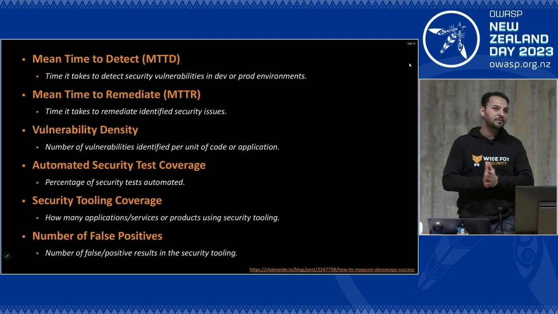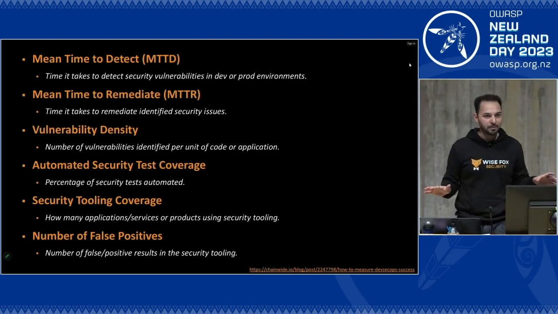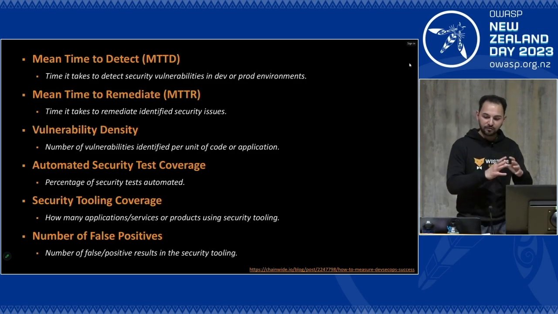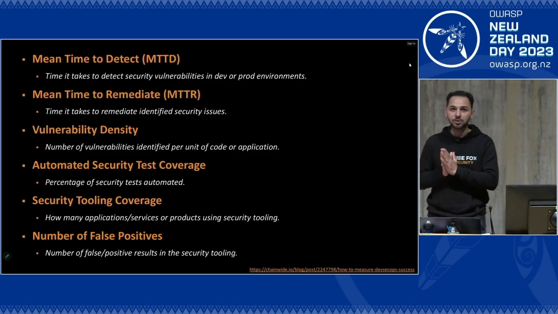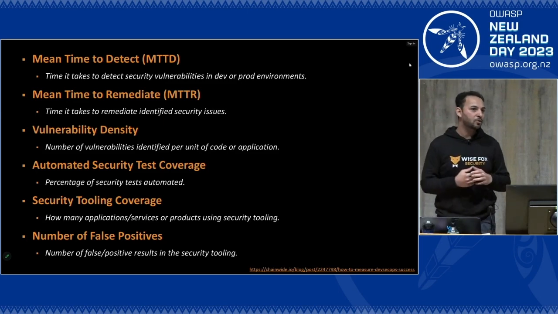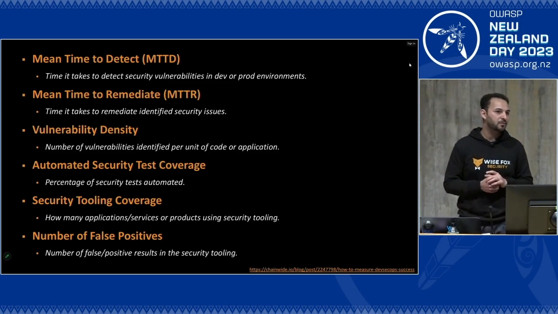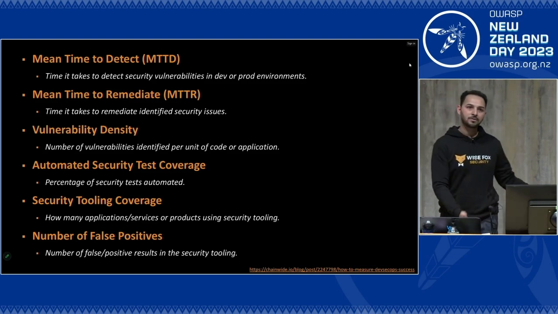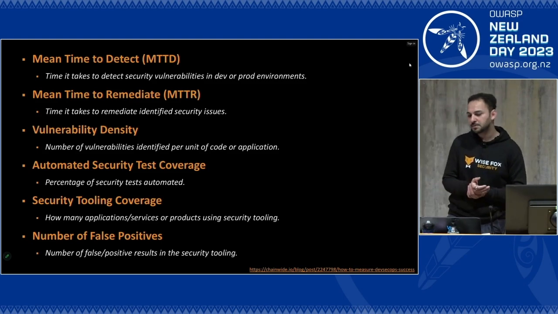Also how much test coverage you have across your code base, how many tools you've integrated and how many applications those tools are scanning, and how many false positives you are seeing from the tooling you've implemented. So these are the metrics you can use if you are doing DevSecOps.